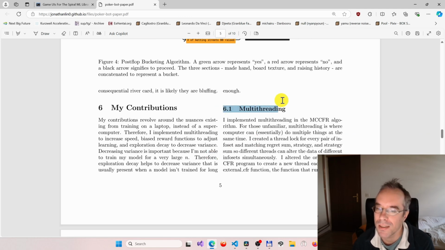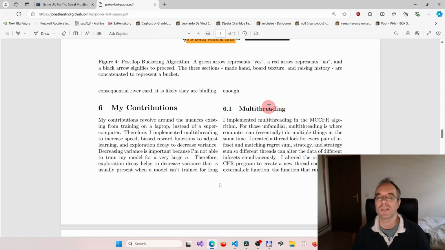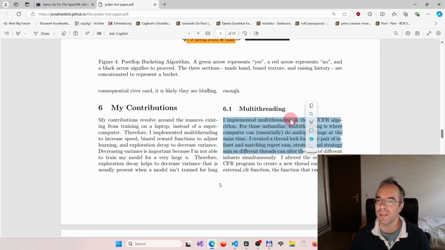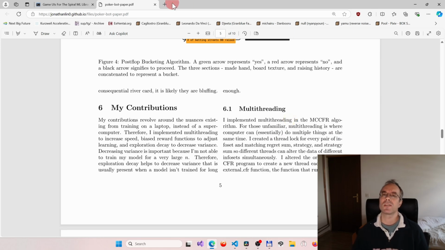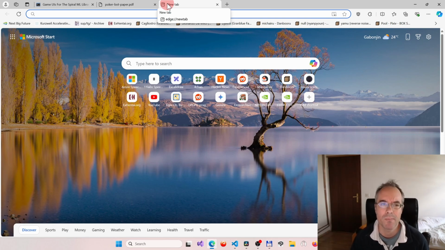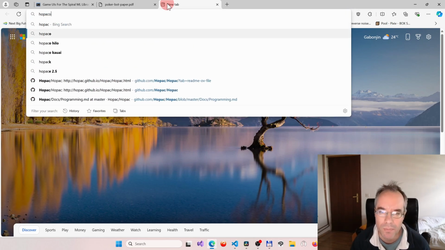Oh yeah, I'm going to just leave a few comments just in case Jonathan Lin ends up watching this. This stuff on multi-threading, well, I'm not really aware of which language he's using, but he's talking about how thread locks and threads are expensive. If he used something like a programming language with green threads, such as Go, or a concurrency library like Hopac.